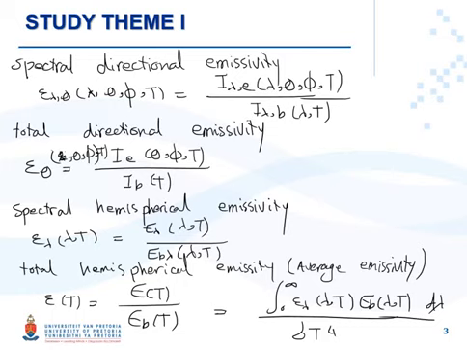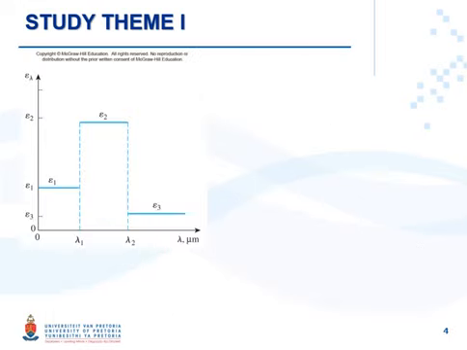Okay, let's assume that we have a real surface and this picture is showing the emissivity function of our real surface. So we have a kind of a step function to define the emissivity of this surface.